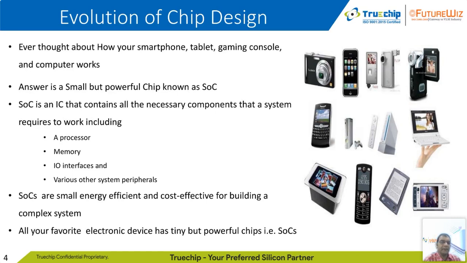A system on chip typically contains nowadays single or maybe multiple processors, multiple clusters of processors, large amount of memory, multiple I/O interfaces, and various other system peripherals. So these SoCs are small, powerful. They consume lower power, and so they help us with sustainability as well.